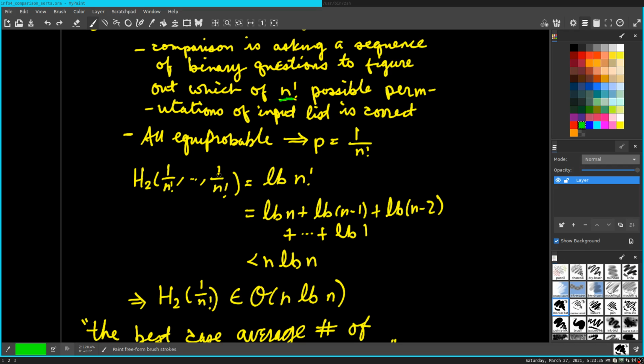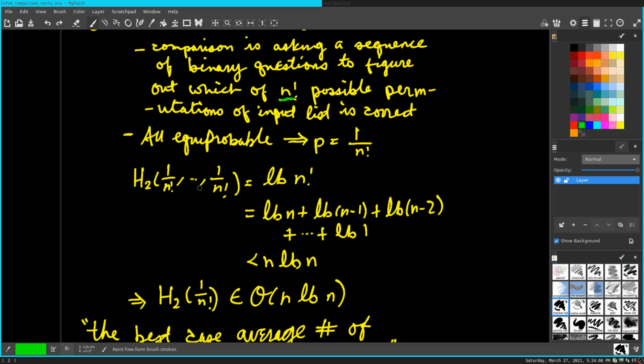So the binary entropy of a uniform distribution on n factorial is strictly less than n log n, where the log is base 2. Therefore, the binary entropy of the uniform distribution 1 over n factorial is of order n log n.